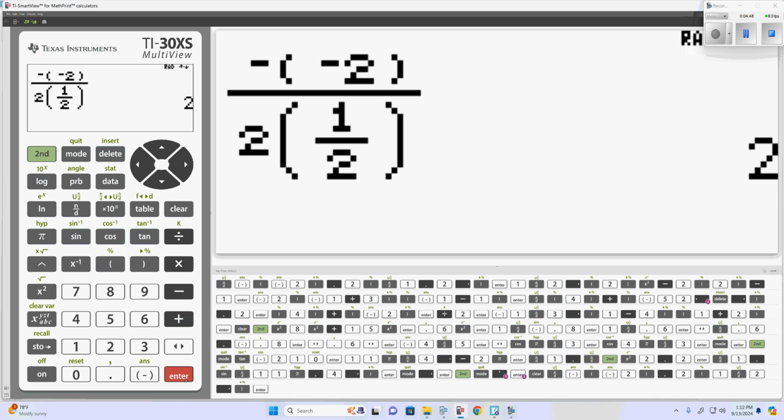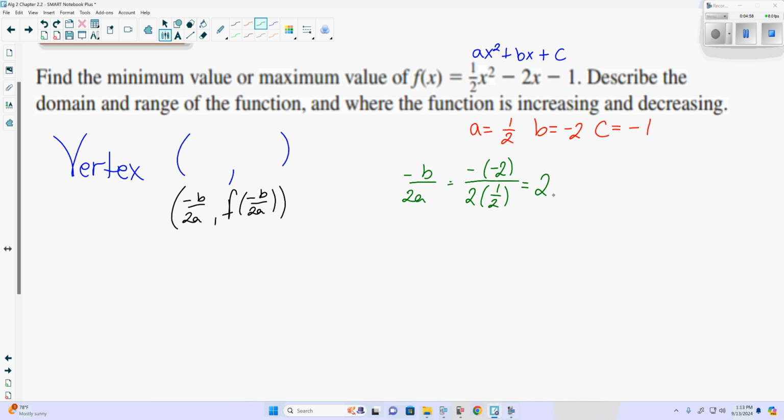Questions on how we got 2? The x value of the vertex will be 2.